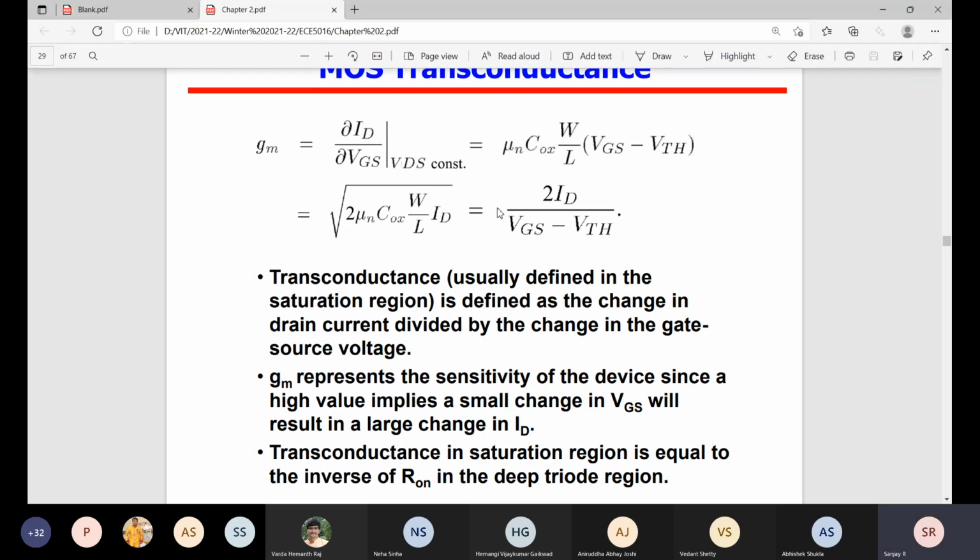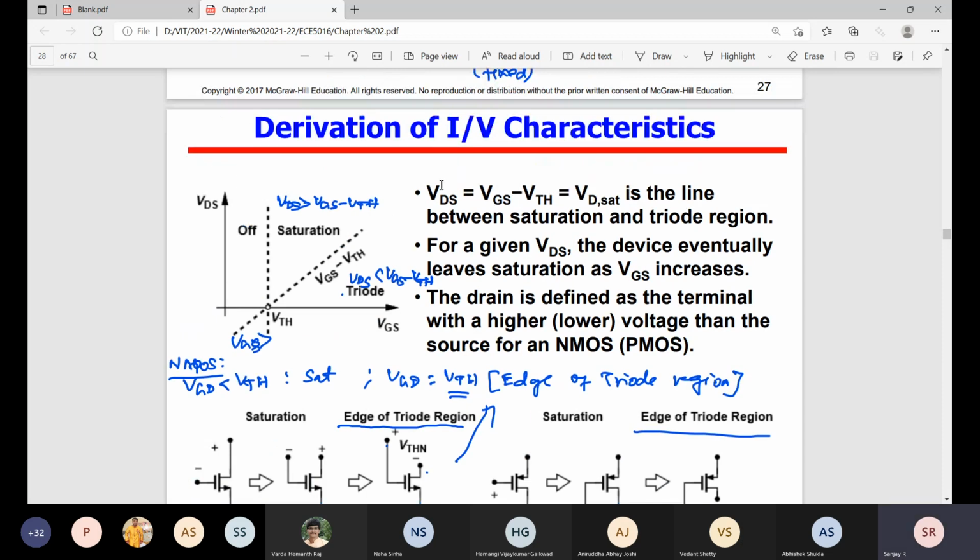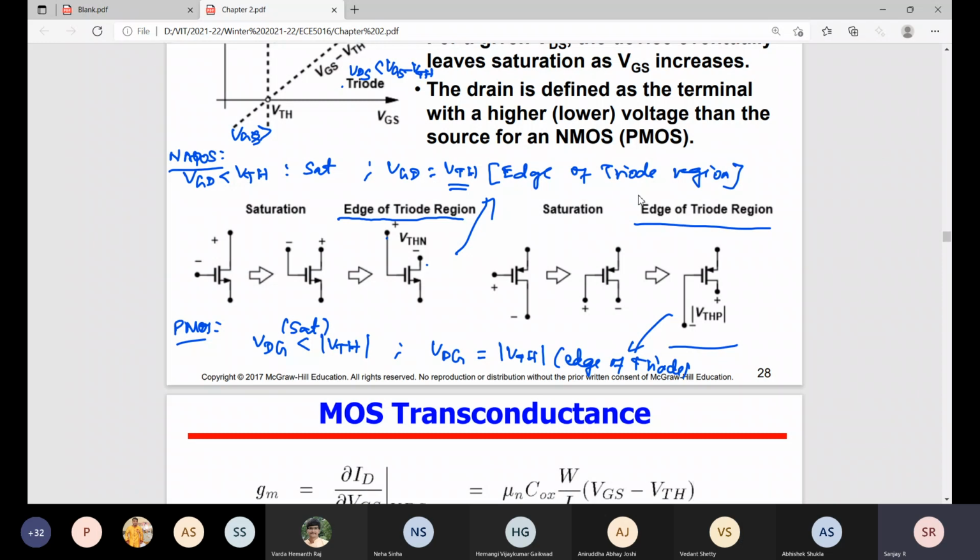Okay, so yesterday we finished up to different regions of operation in MOS transistor. So what is the condition for saturation? Then what is meant by edge of triode region? Edge of triode region means gate to drain voltage should be equal to threshold voltage. If gate to drain voltage is less than threshold voltage, then the region is called saturation.